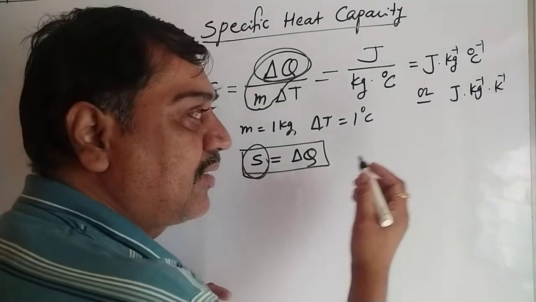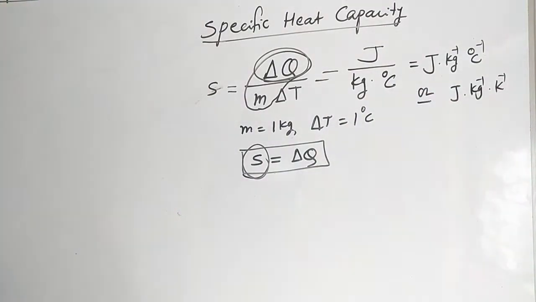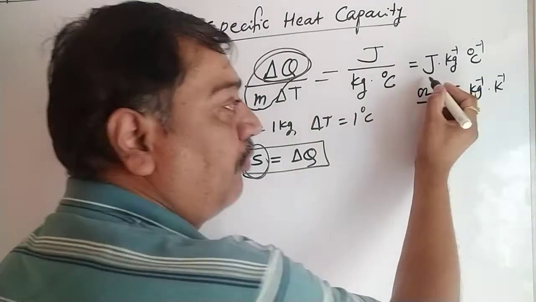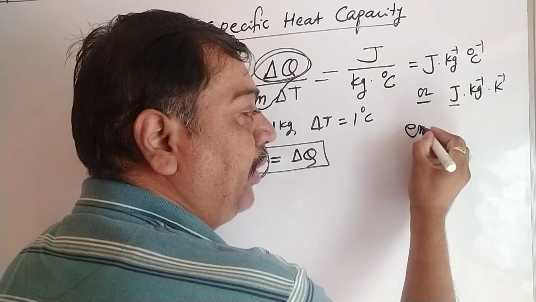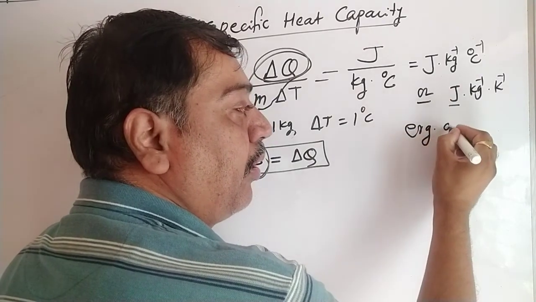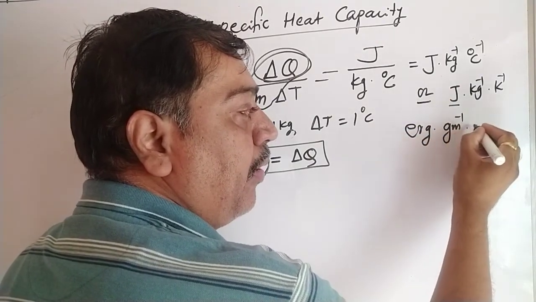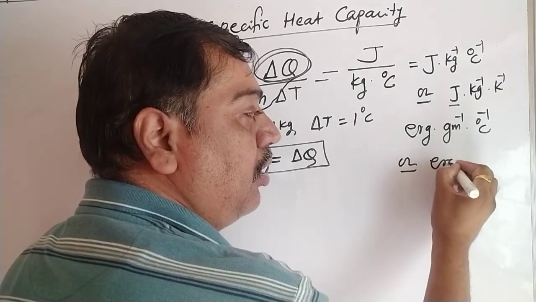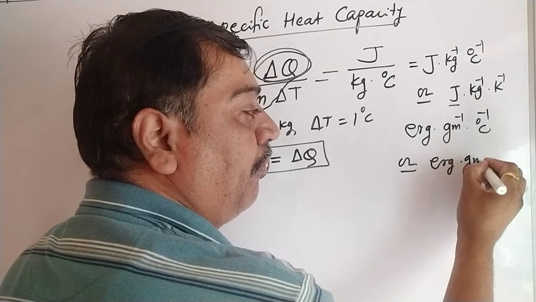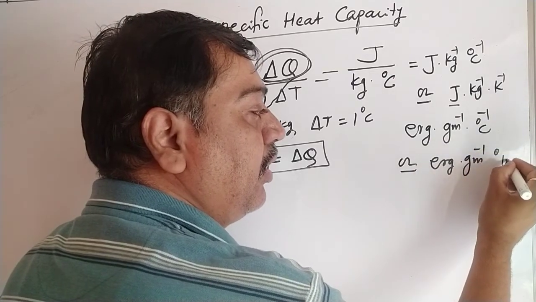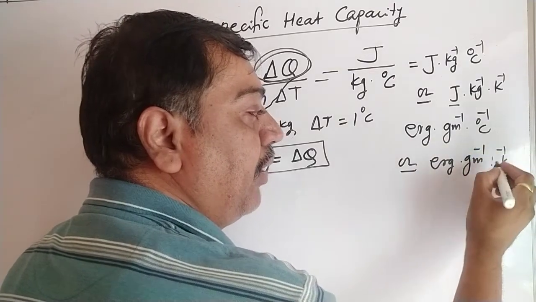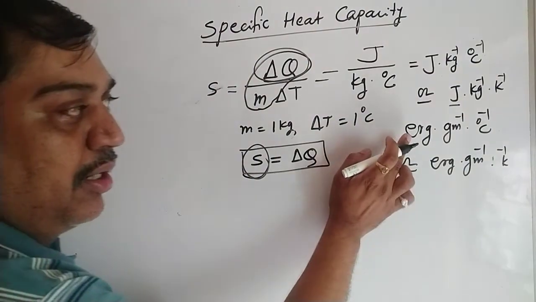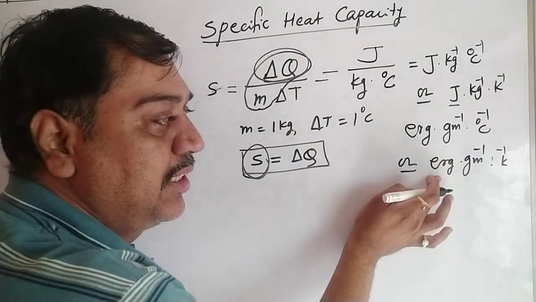What is the unit in the CGS system? Instead of joule, there must be erg. So it is erg per gram per degree Celsius, or erg per gram per degree Kelvin. That is the CGS system.